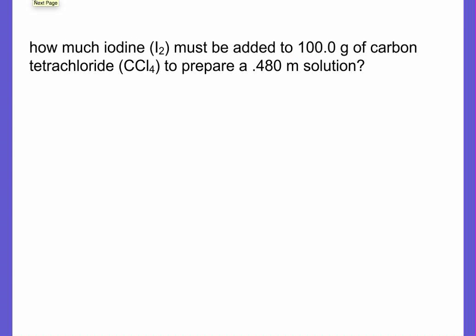Okay, like my last question here. How much iodine must be added to 100 grams of carbon tetrachloride to prepare a 0.480 molal solution? Again, little m means this equation.